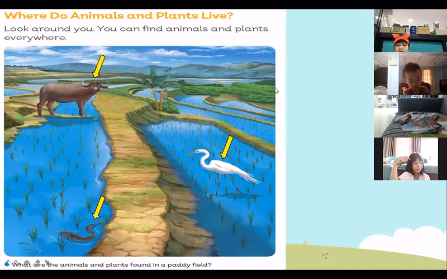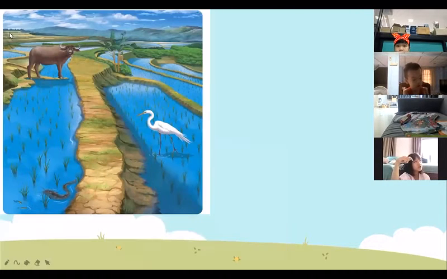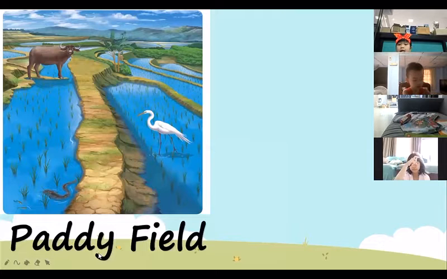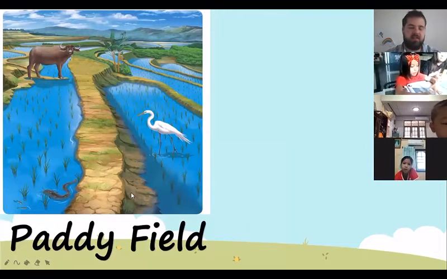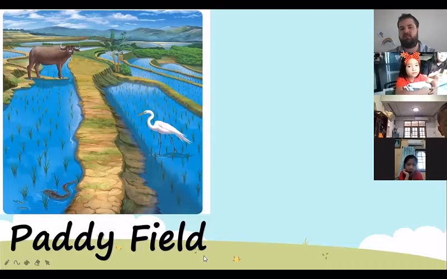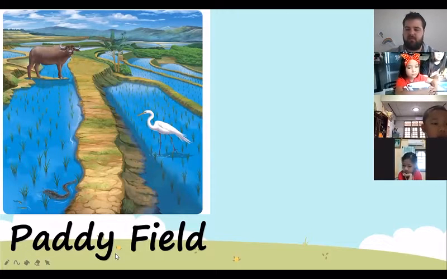So one more time, what is this habitat called? This is called a paddy field. So let's say that one more time. Paddy field. Very good. So this habitat is called a paddy field.